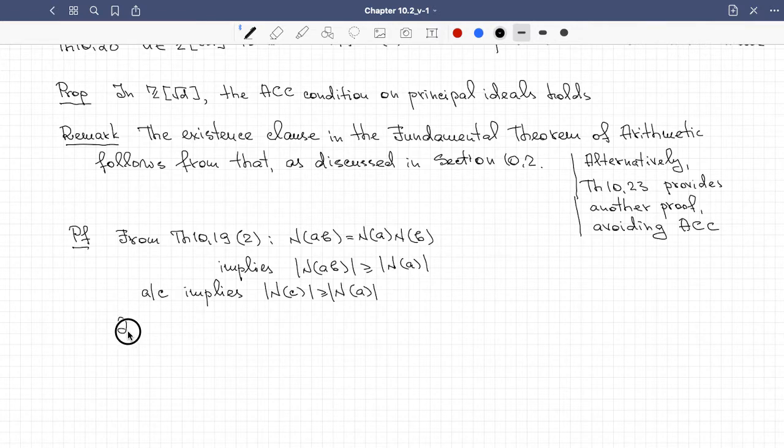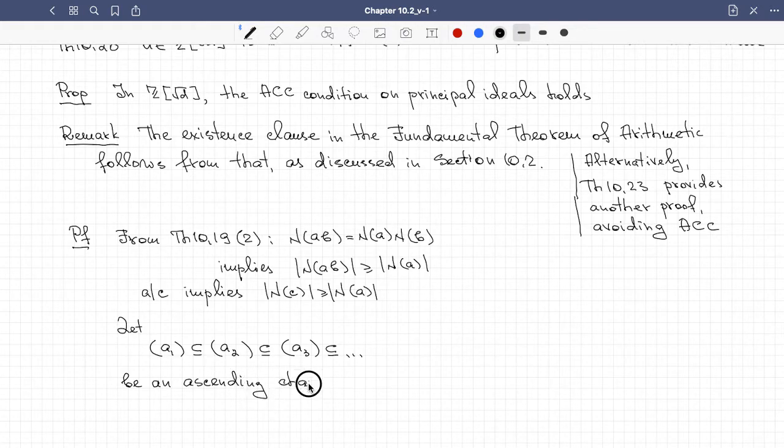Let now A1, A2, and so further A3 be an ascending chain of principal ideals.